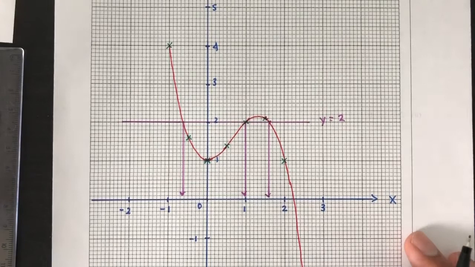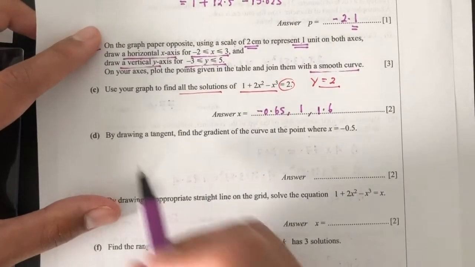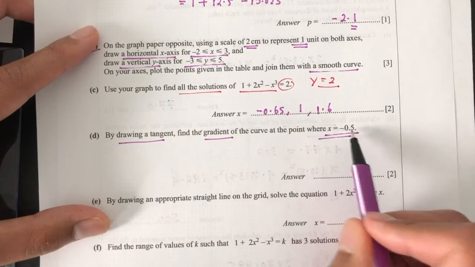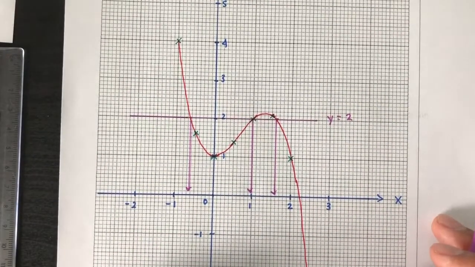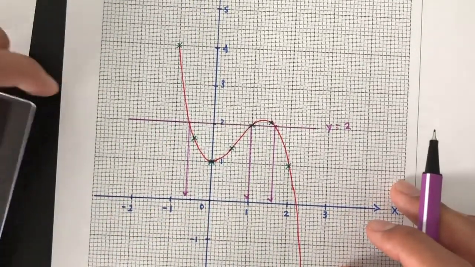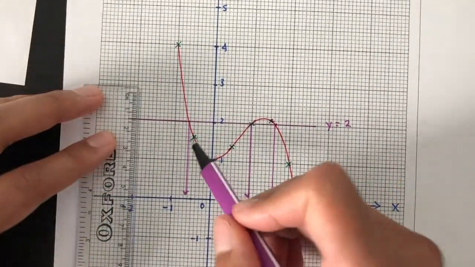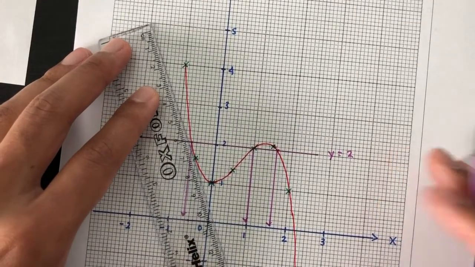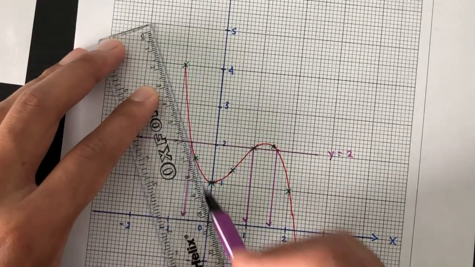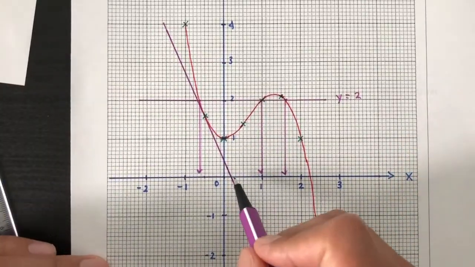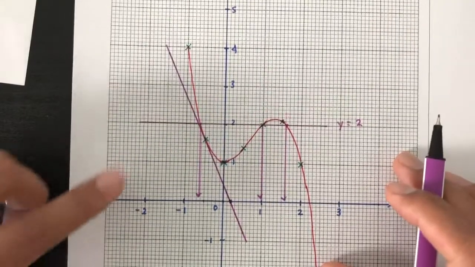Now for the next question, we have to, by drawing a tangent, find the gradient of the curve at this point, x equal to minus 0.5. So let's go to the point. Minus 0.5 will be right here. And by drawing a tangent at this point, let's find the gradient. So let's draw a tangent at this point. Let's take 1 point on this side, let's take this point, and let's take 1 point on this side.